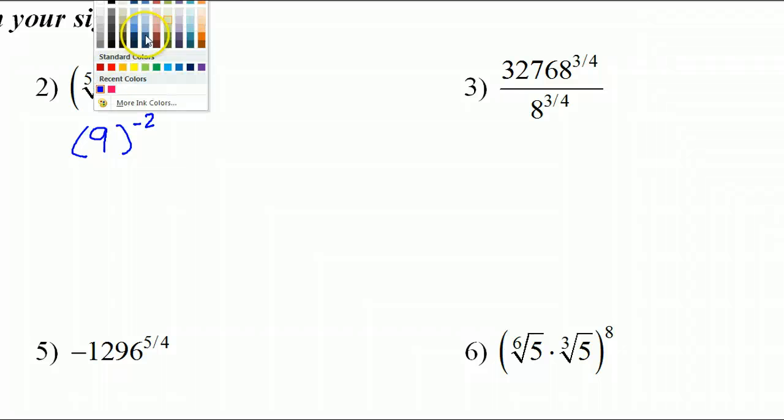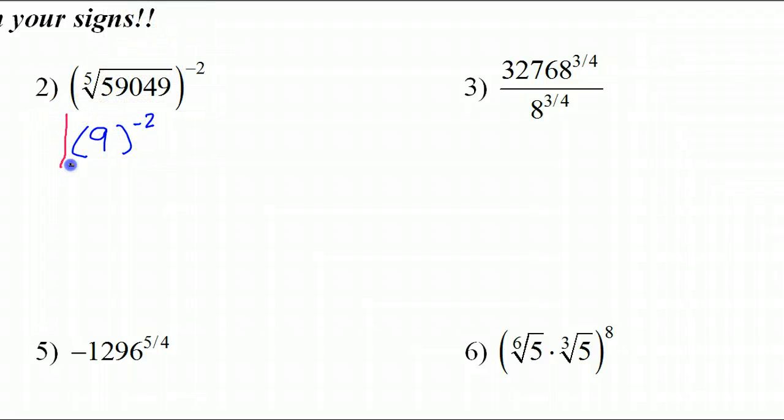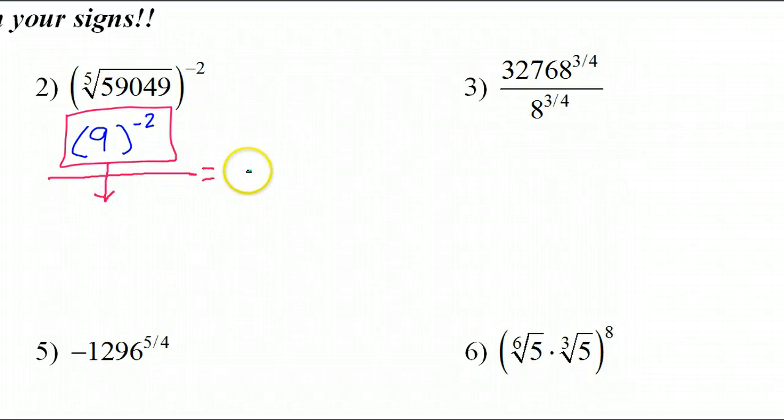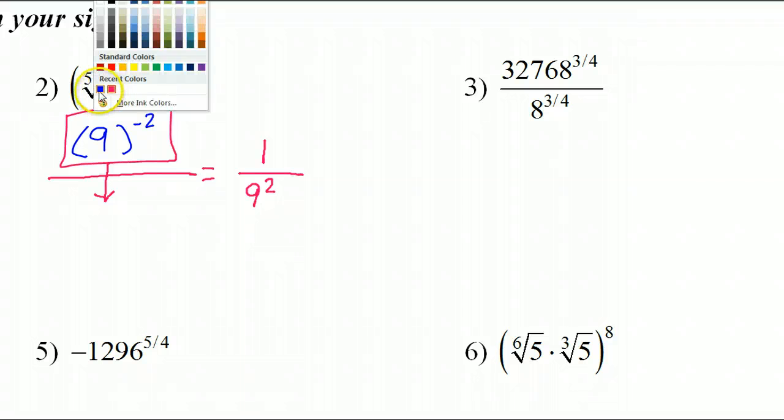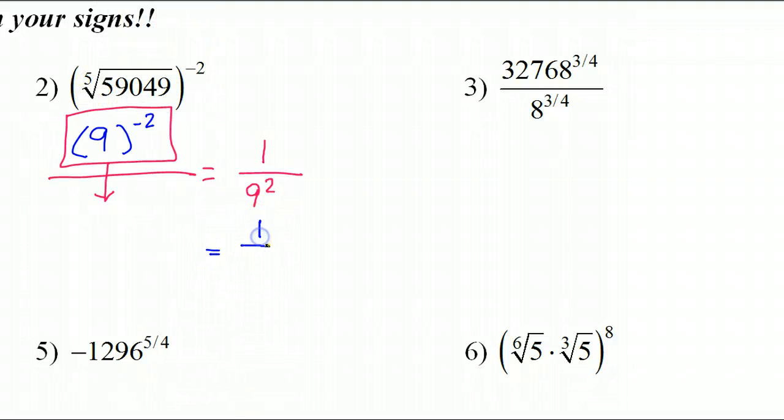Now, once again, a negative exponent means you are on the wrong side of the invisible fraction. So I'm just going to take that and drop it down. And once again, that means up here I'll have a 1, and down here I'll have my 9 squared. That will give me my final answer of 1 over 81. Okay, that would be your answer number 2.